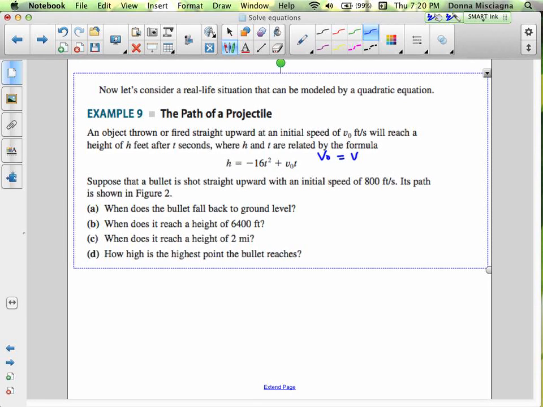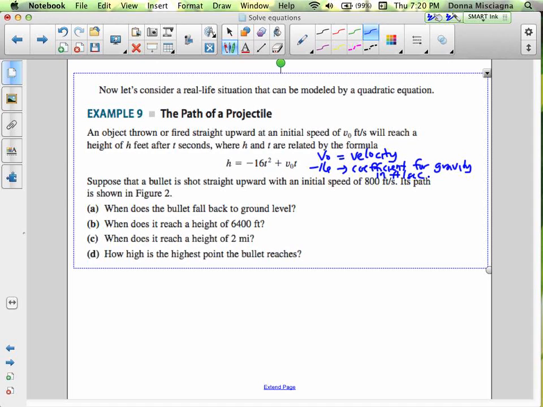Now the v0 just means velocity. And that negative 16 is just a coefficient for gravity in feet per second.